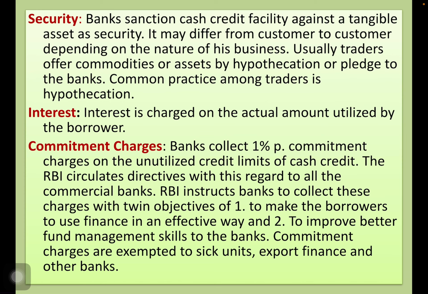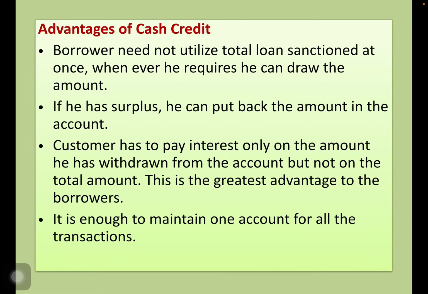There is one reason: to improve the fund management skills of the banks. They say it like that, but basically it is for fund management. Commitment charges are exempted for SIC units, export finance, and certain loans given to other banks.